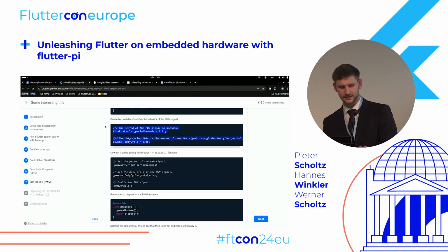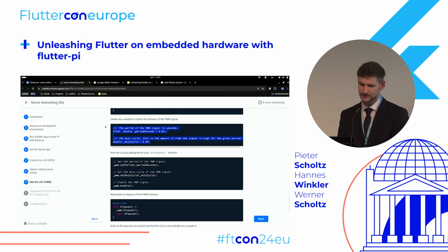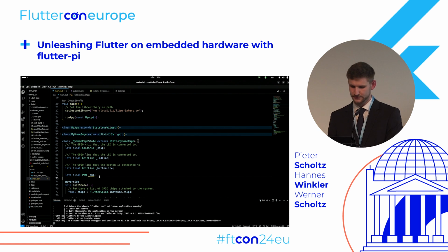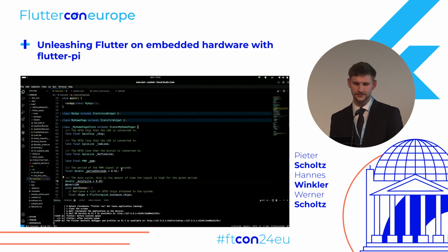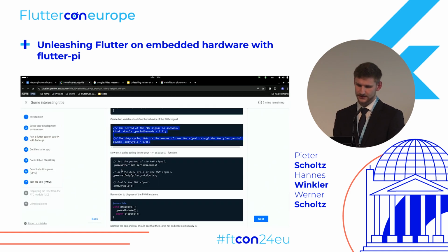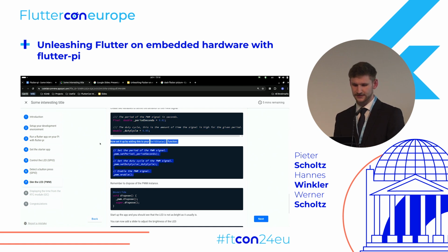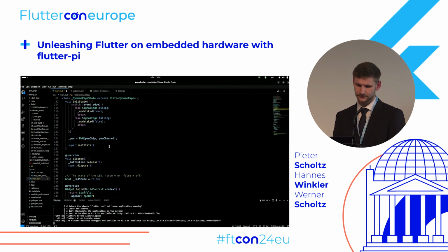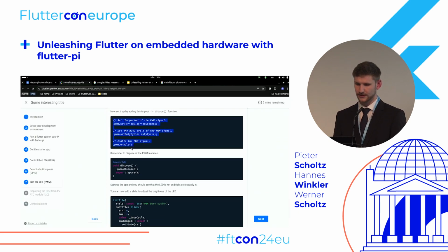Next up, we're going to define the period and the duty cycle. The period will be 0.01 seconds, which is 10 milliseconds, I think. And the duty cycle will be 5%. Then we can just use dart_periphery to set the period and the duty cycle. And of course, dispose of it afterwards.